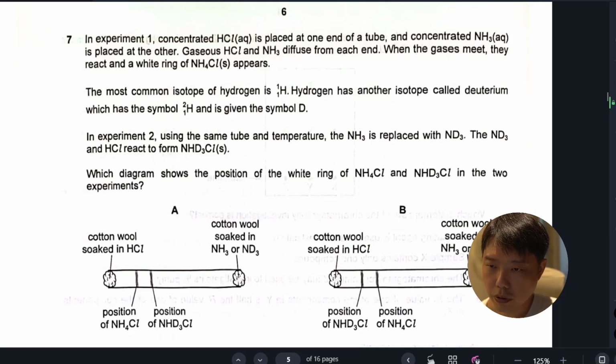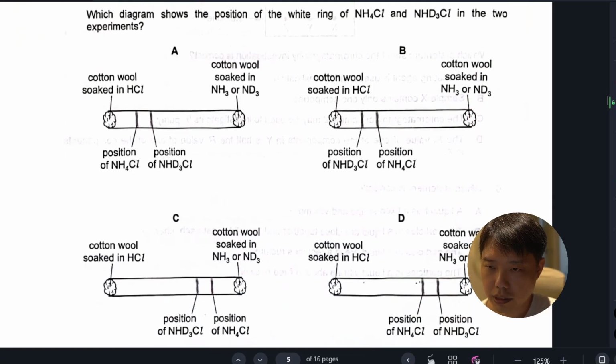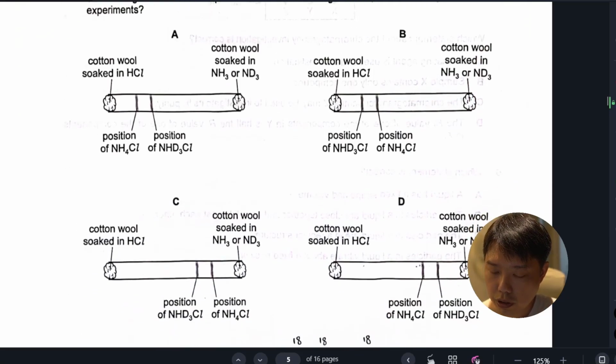Okay, so first of all, if you look at the experiment, you need to recognize that the white ring should form closer to HCl because HCl moves relatively slower because it's heavier, about 36.5 compared to NH3, which is about 17.